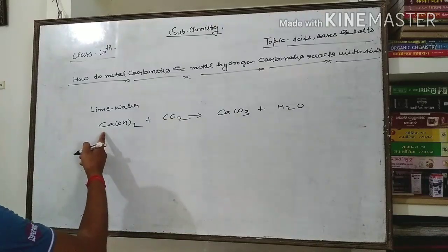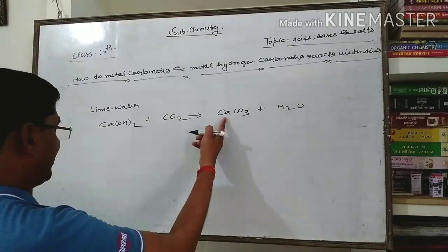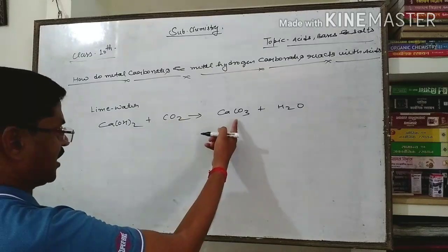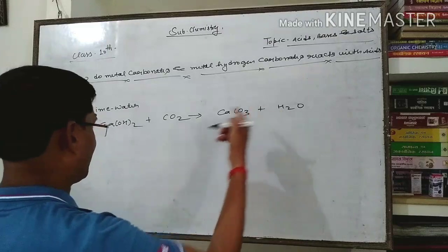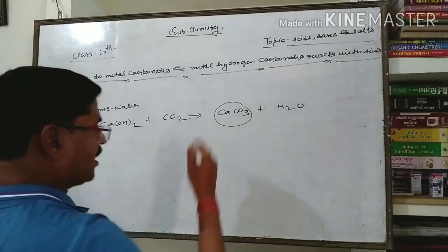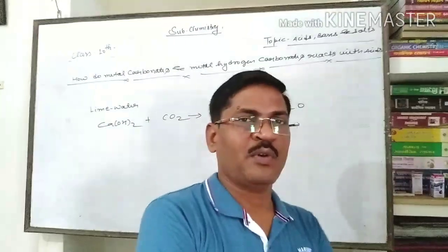Check: one atom of calcium, one C here, C is also balanced on both sides. Oxygen: 2 here, 2 here, 4, it means 3 plus 1, 4, and hydrogen 2. It means it gives CaCO3. All of you know that calcium carbonate is formed.